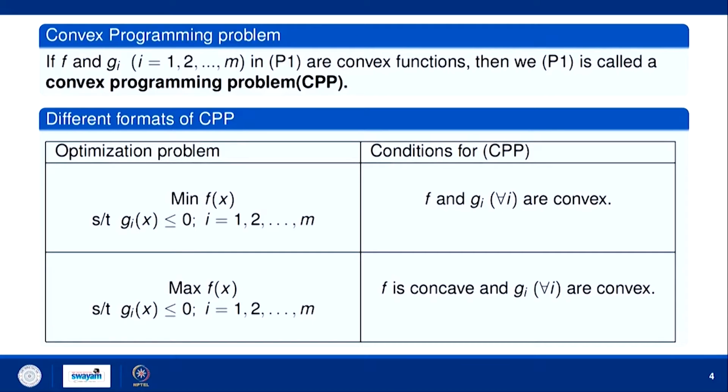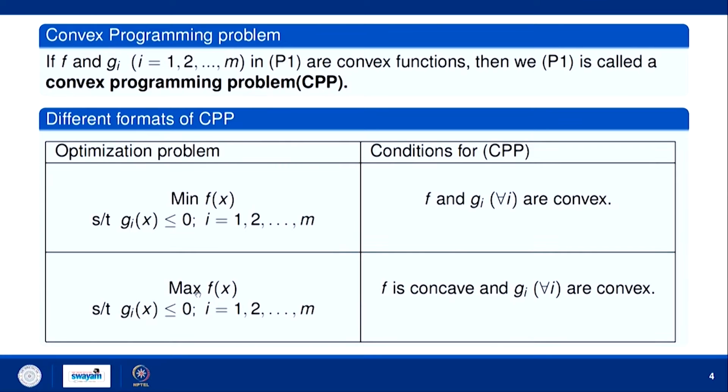Now, there are different formats of the convex optimization problem or convex programming problem. What are the different formats? If this is the minimization type, f(x) subject to g_i(x) less than or equal to 0, i from 1 to m, which is P1 basically, then such a problem is a convex programming problem if f and g_i for all i are convex. We have already seen this.